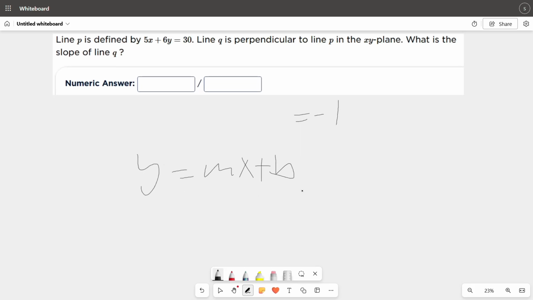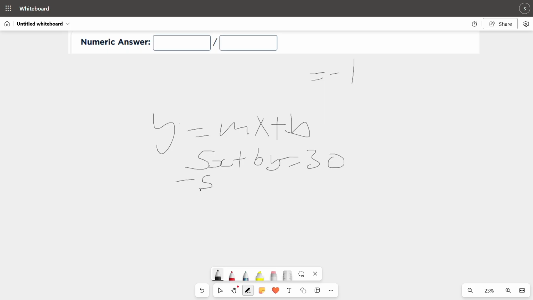So let's do that. 5x plus 6y equals 30. Subtract 5x on both sides. 6y equals minus 5x plus 30.